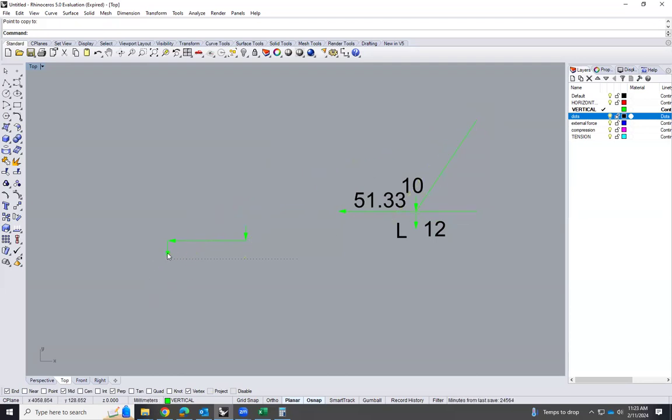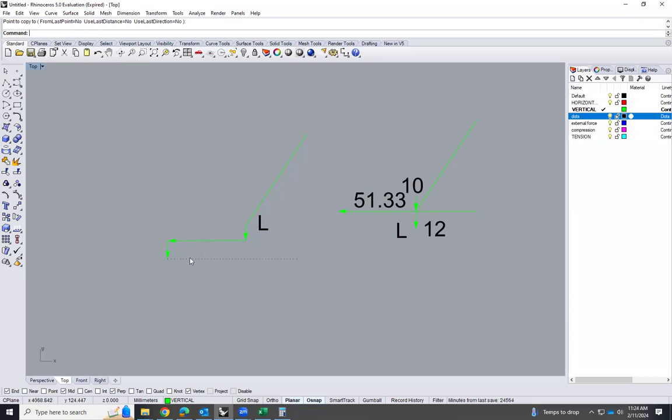So if I started at point L here, it has to go in this direction, because this is the starting point, point L. At point L, we have 10 going down, 10 going down, then 51.3 going right, then 12 going down.